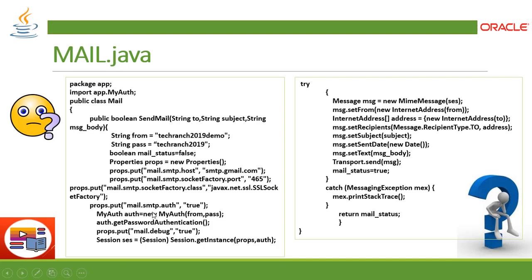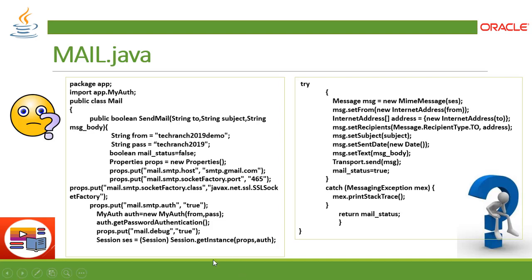We are going to have the auth implementation here, passing the from and password variables or arguments from this. So this is your from address, so this is sending from TechCrunch. That's my point. Now we are going to authenticate it, getting the arguments to my auth, and from there it is authenticated. Then mail.debug is true.